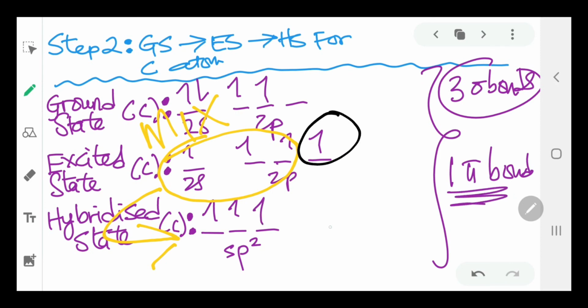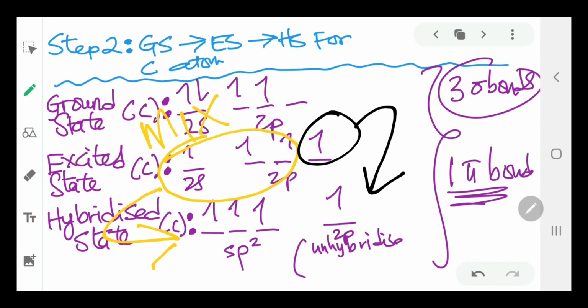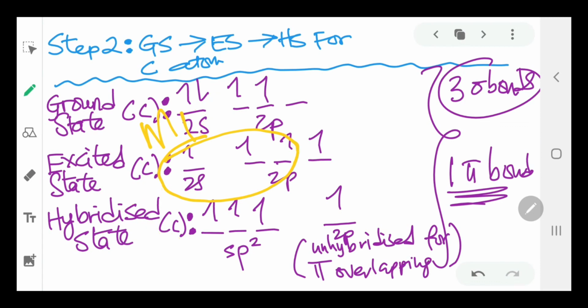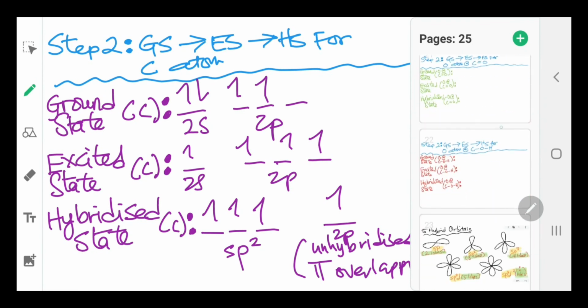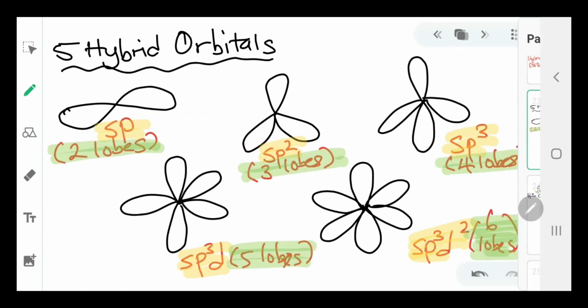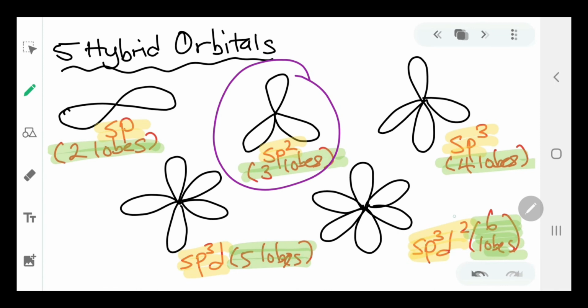For the 1 pi bond, one 2p will be unhybridized, for pi overlapping. So the shape is sp2. Okay, sp2 is this shape.